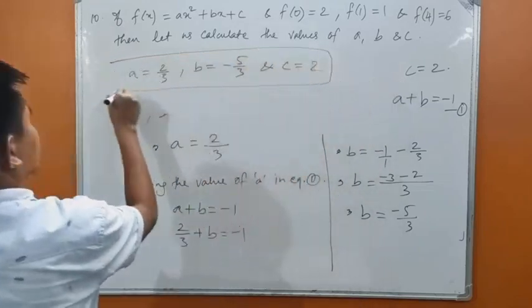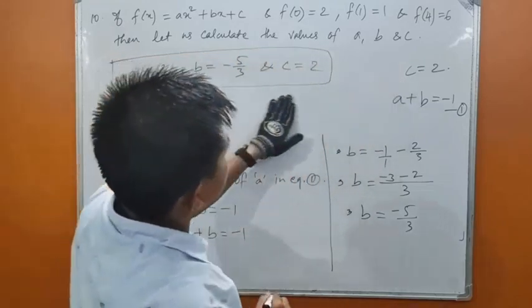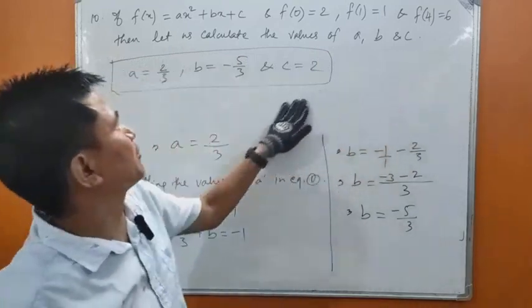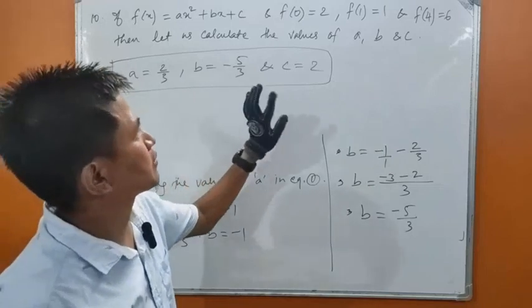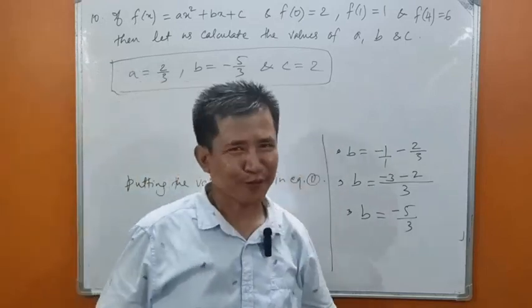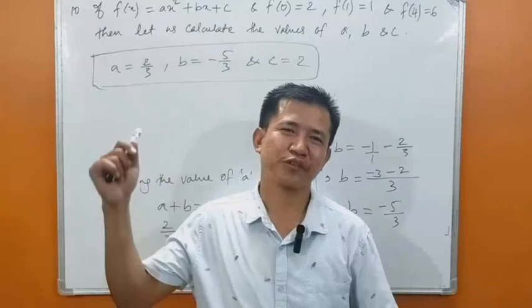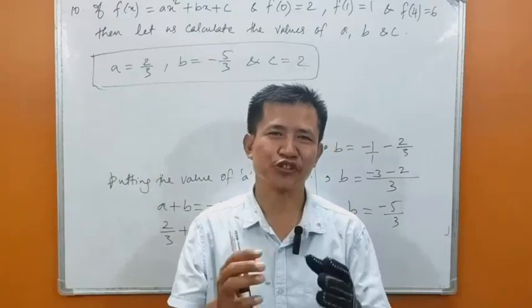This is the answer for the last question of this exercise, question number 10. The value of a is 2 upon 3, b is minus 5 upon 3, and c is 2. I hope you got this. This was the last question from this exercise, question number 10.